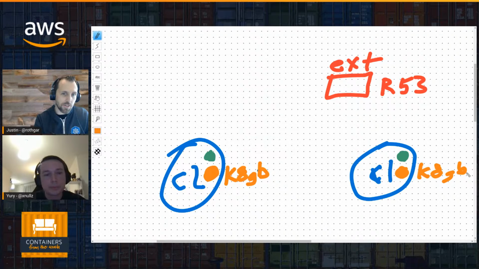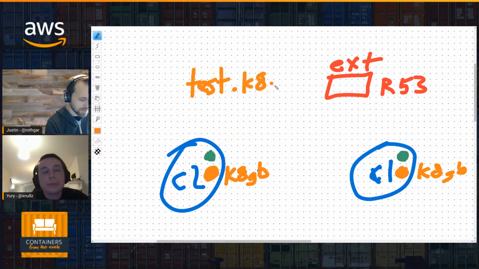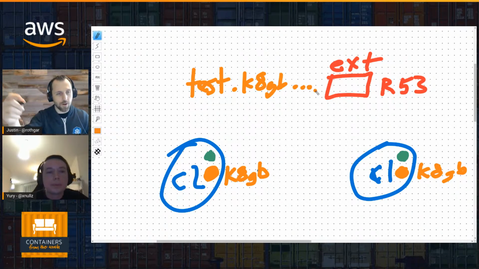I think that's really unique. In my example, I have test.k8gb. I have that domain in Route 53.